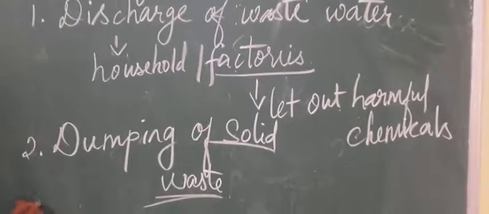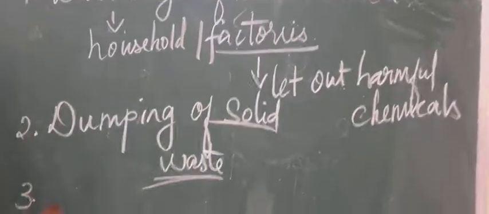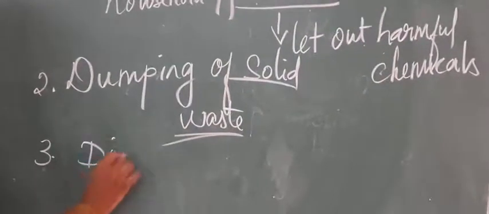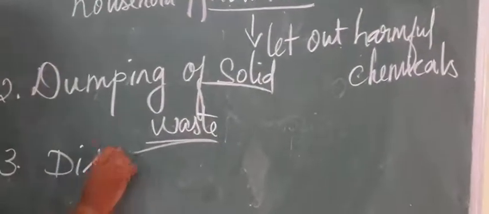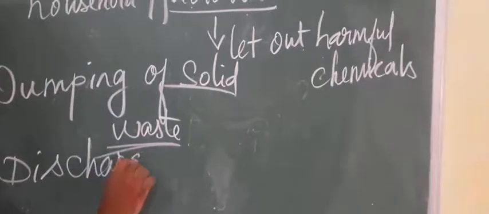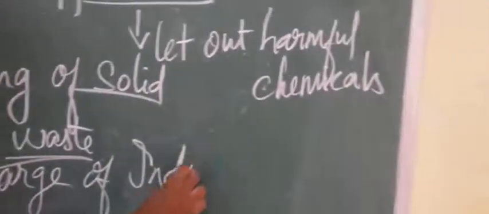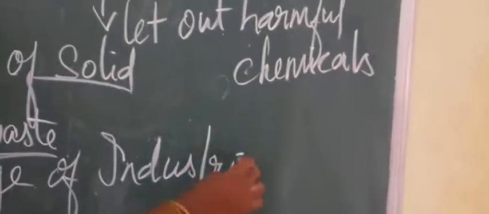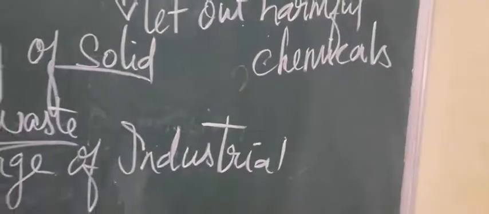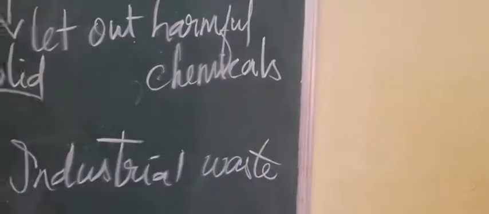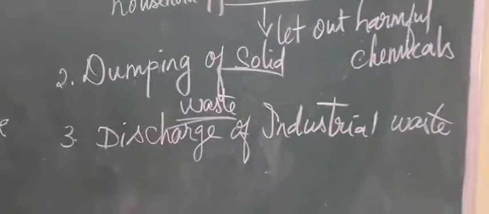Third one, discharge of industrial waste. We studied that already; the same thing was given under the heading of industry. Particularly the dyeing industries, textile industries and others are letting out harmful chemical water into the water bodies.